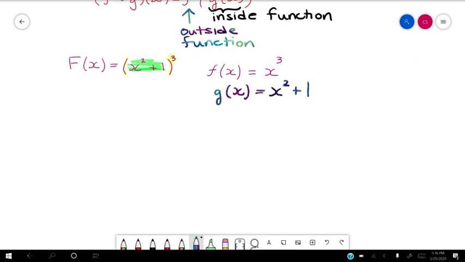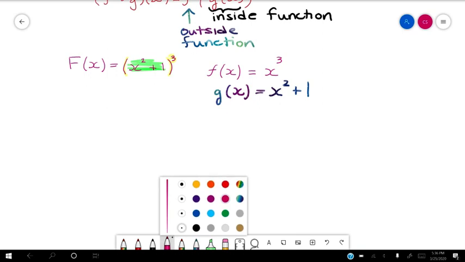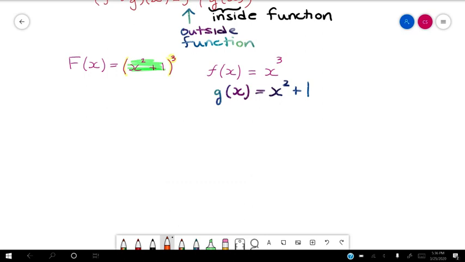This is something that we've done in algebra, so it isn't new material, but what is going to be new is this notation that's going to help us with the derivative. Rather than saying inside function and outside function using f and g, let's take this whole expression and introduce a new variable.